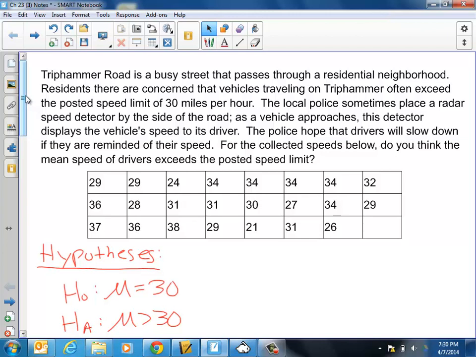The bell curve is used for a confidence interval for one proportion, a hypothesis test for one proportion, a confidence interval for the difference between two proportions, and a hypothesis test for the difference between two proportions. So only the t-distribution is being used for confidence intervals and hypothesis testing on means if you don't know population data.